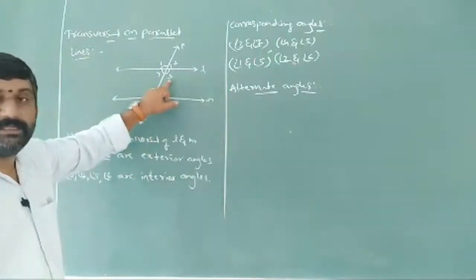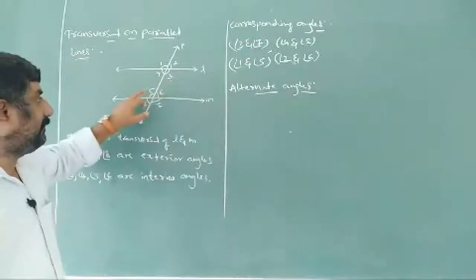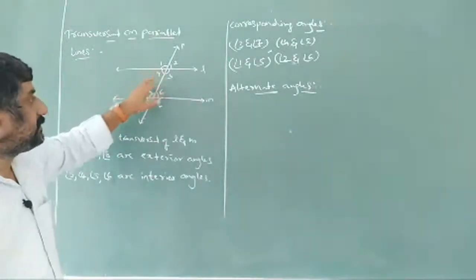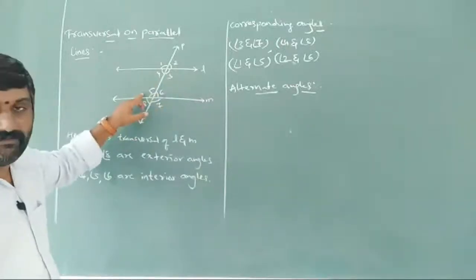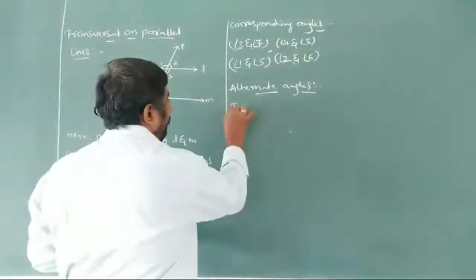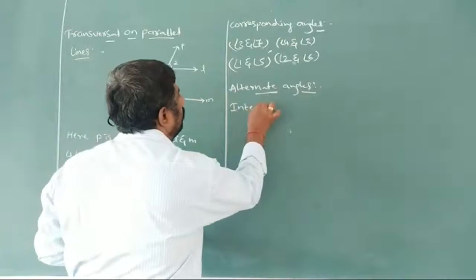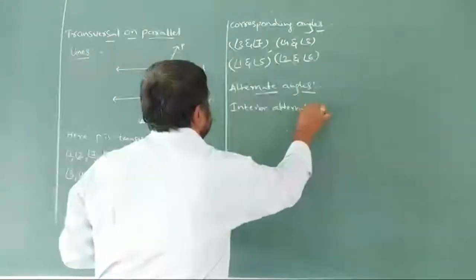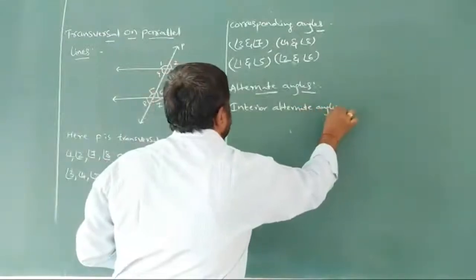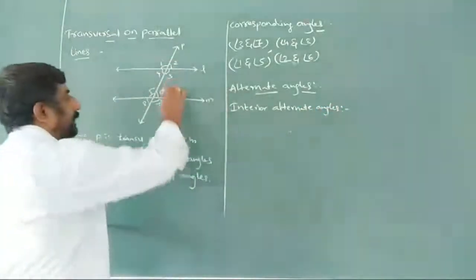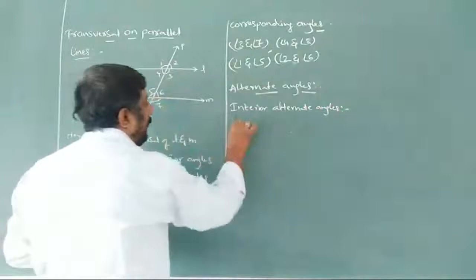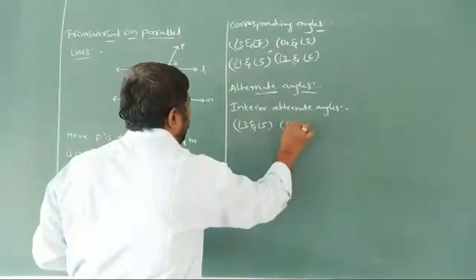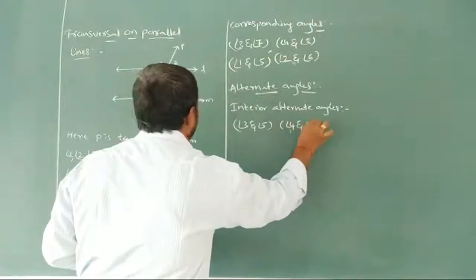If I take 3, what is on the other side? 5 and 4, but one more condition is that they are at distinct points. So for 3 we have 5. So here, interior alternate angles are angle 3 and angle 5, angle 4 and angle 6.